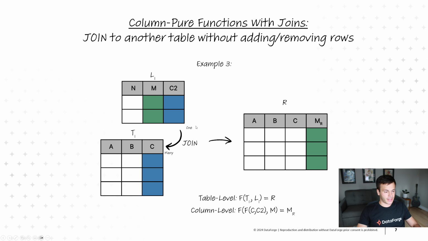So if in the example we have a many to one cardinality between our base table T1 and L1, then we're guaranteed not to cause any join condition that would create extra rows within the T1 table. So you can think of it as a left join, a lookup, essentially, where we're going to join between C and C2, make those equal to each other, and then we're going to take the result of our select statement of M and add it as a new column.